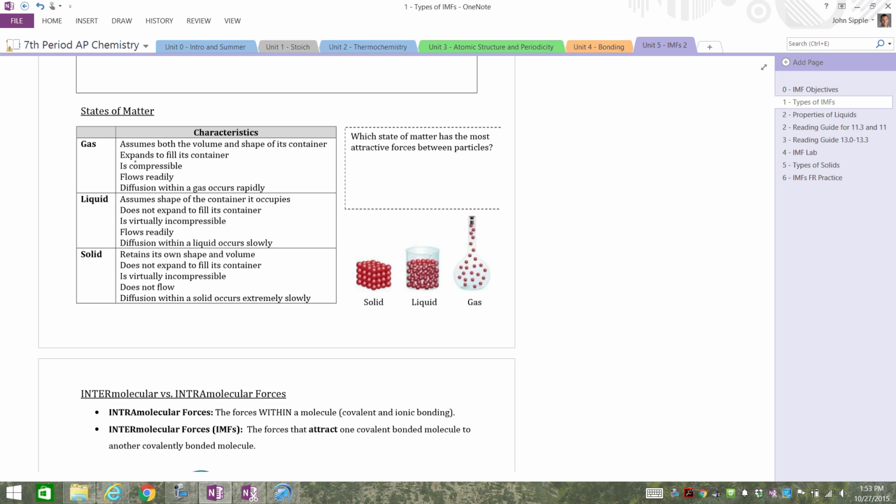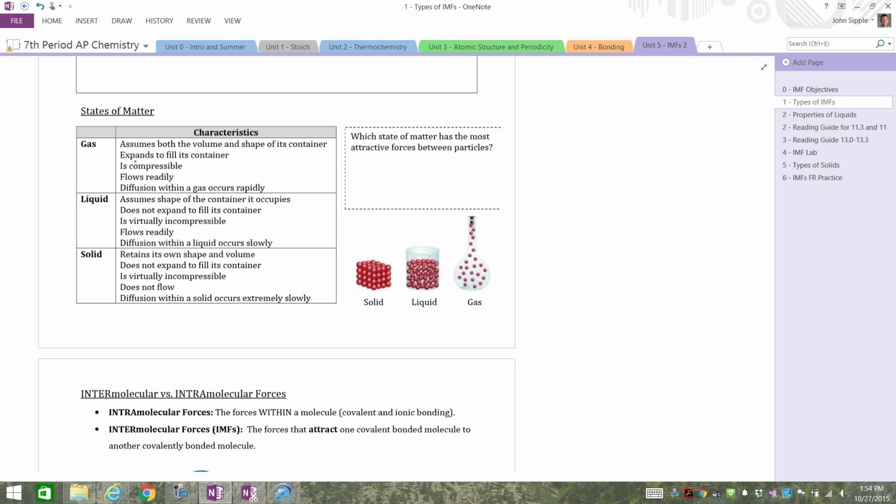Gases move the fastest, liquid is a little slower, and solids hardly move at all. They're just sitting there stuck in their place, but there's still movement, vibrations, and things like that. And they're not compressible. They don't flow like a liquid or a gas would.